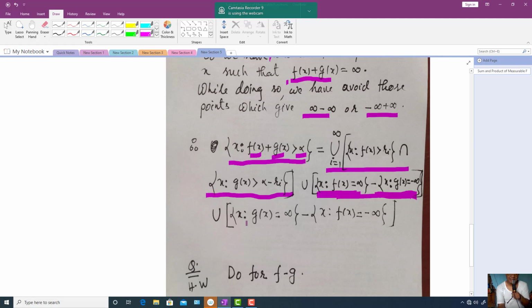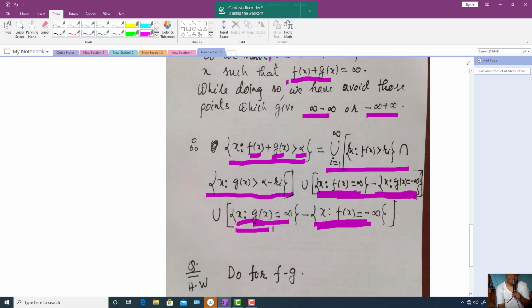Suppose the function g gives you plus infinity, but the function f of x may give you minus infinity. Then you will get the minus infinity plus infinity situation, that is undesirable. So the part where g of x is equal to infinity is okay. From this part you have to take out those points which give you minus infinity. So this is subtracted. Since f is measurable, this set is measurable.